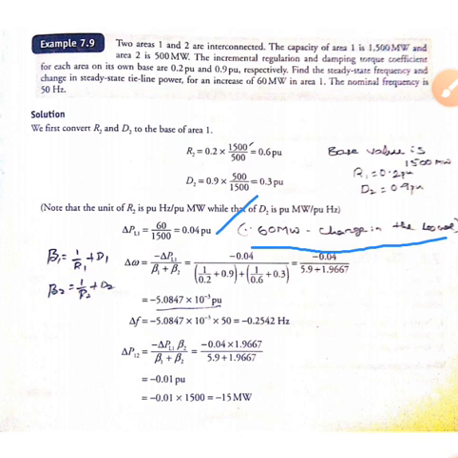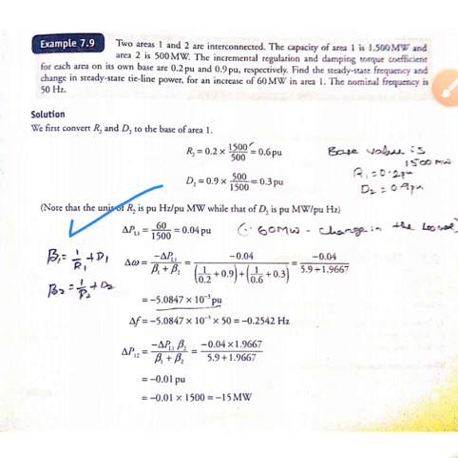So we can calculate the deviation in the steady state frequency, which is equal to minus delta PL1 divided by beta 1 plus beta 2. Beta 1 and beta 2 are the bias factors of area 1 and area 2. Beta 1 is nothing but 1 divided by R1 plus D1.